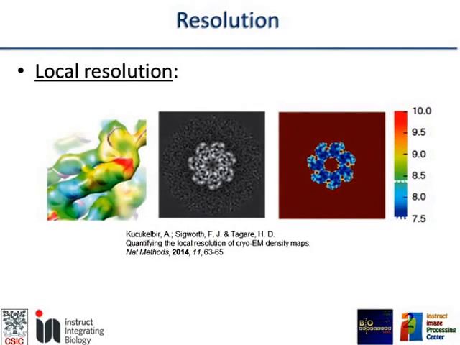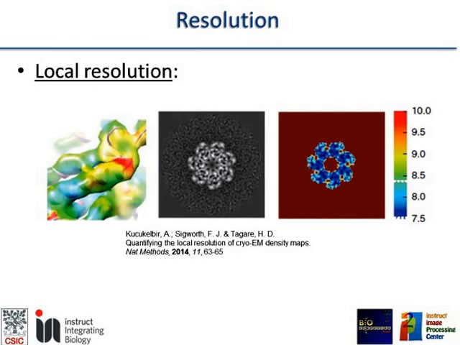And now, recently, it has been published a paper trying to estimate locally what is the resolution and trying to attach a number to each location in the 3D map. So you would have a 3D reconstruction, and then for each point you would have what is the local resolution. So for this point here, it would be something around 10 angstroms, and for this point here, it would be something around 8 angstroms.